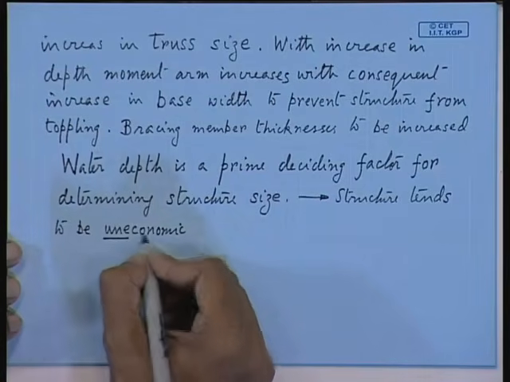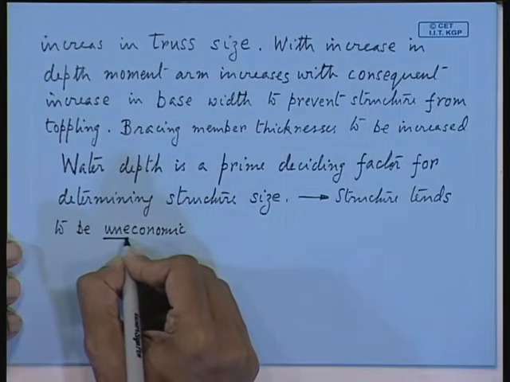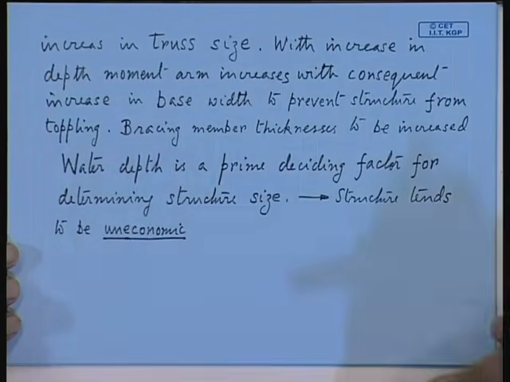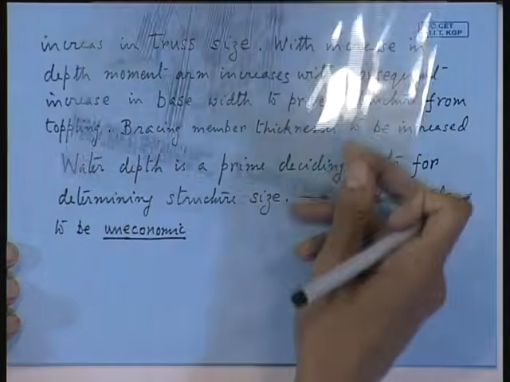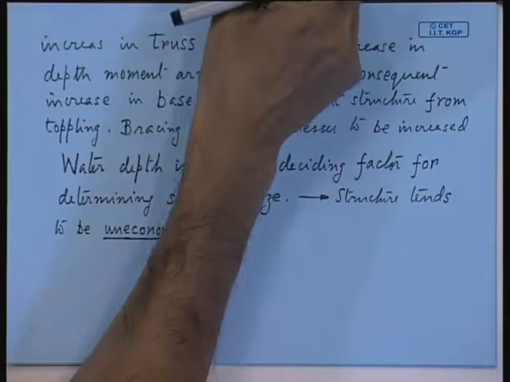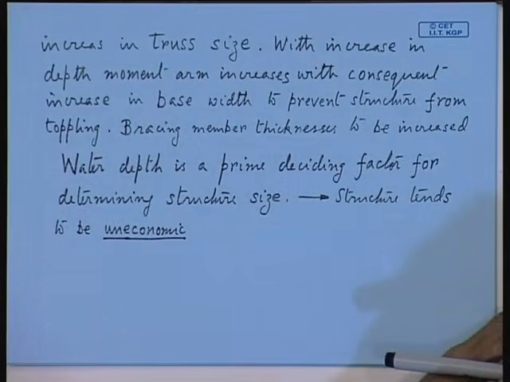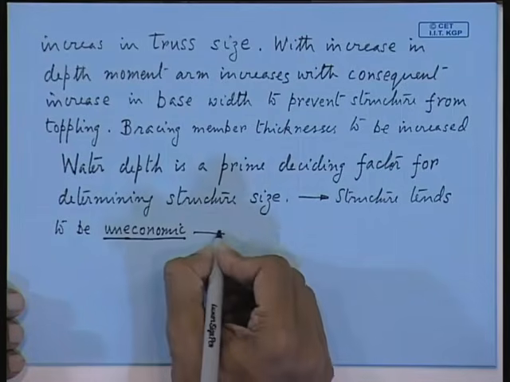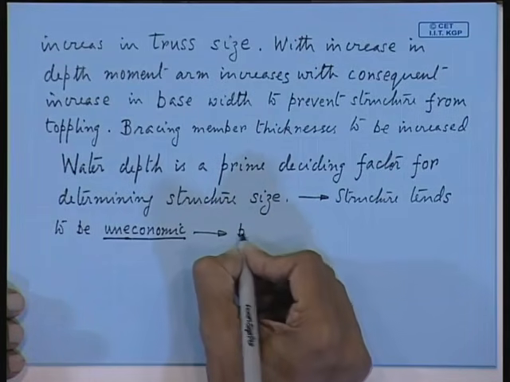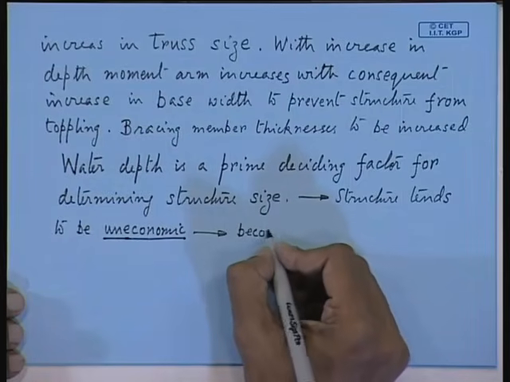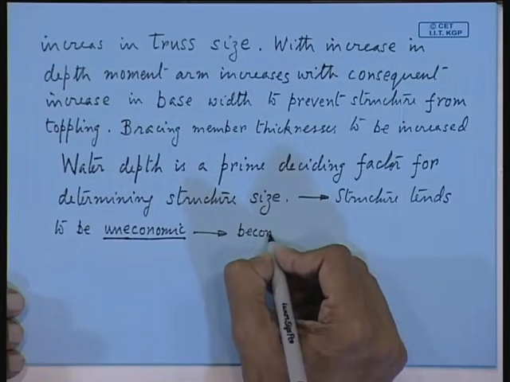So, the owner of the platform is not going to pay you if you indiscreetly increase the structure size. So, that means your jacket platform is going to become unviable after a certain depth. So, this is an example I have given where the water depth is an overriding consideration.